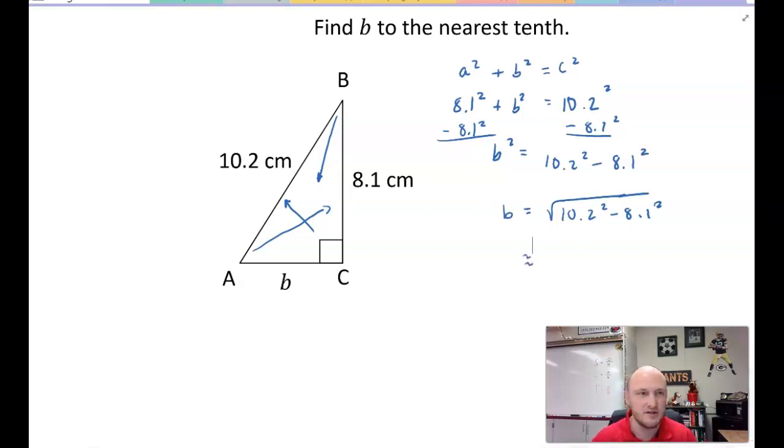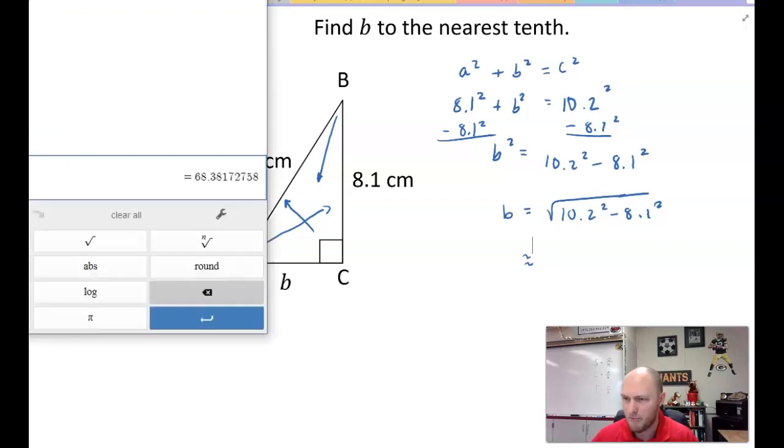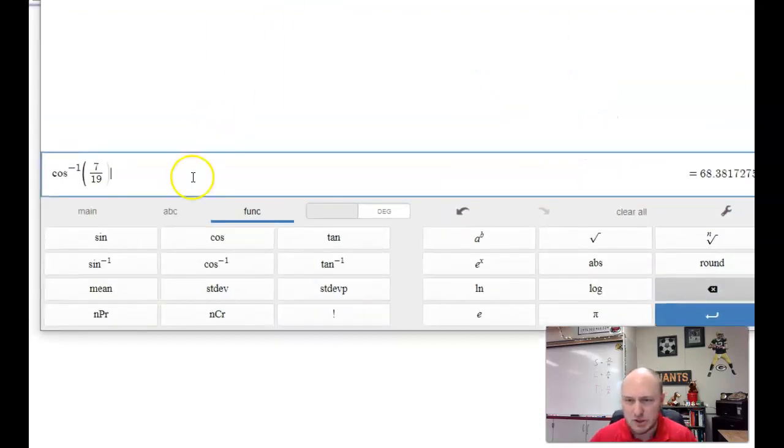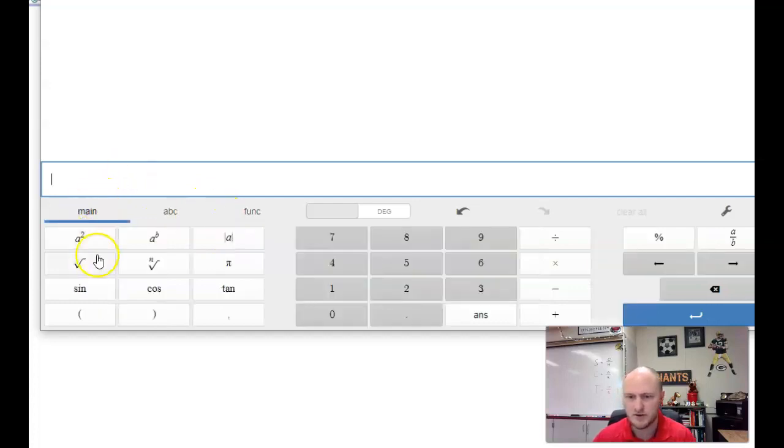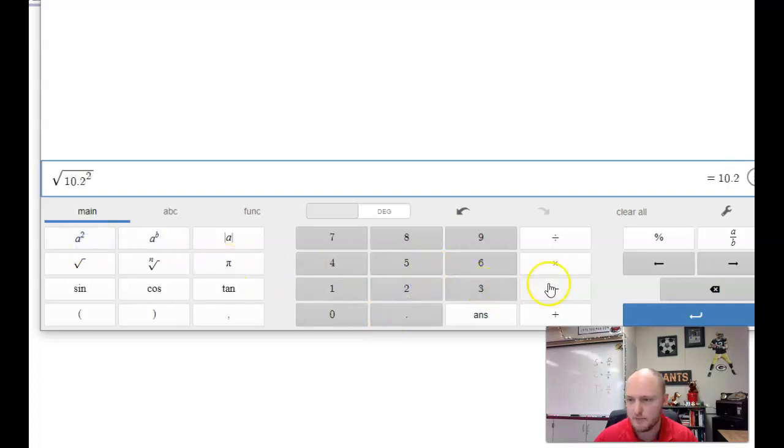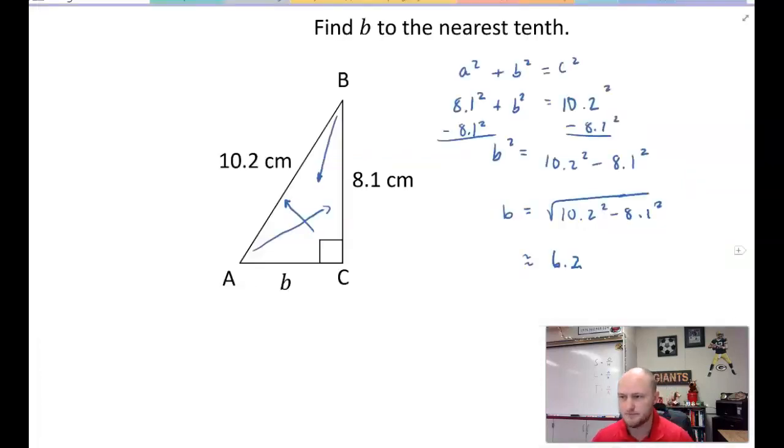They tell us to round to the nearest tenth. So we want the square root of 10.2 quantity squared minus 8.1 quantity squared, and that gives us 6.2. So this is approximately 6.2.